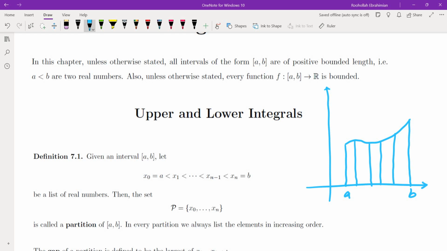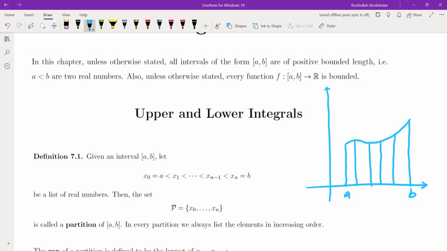If these areas approach a certain number, that number is called the integral. But since there are many different ways of partitioning the interval AB, we cannot just take a sequence. There are many different kinds of partitions. There's really no sequence. What we can do is this.